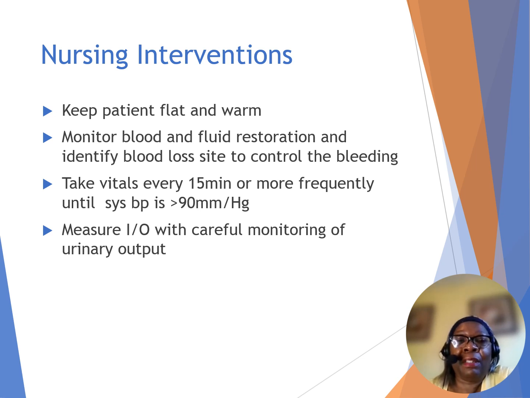Blood loss of 2,000 to 2,600 mLs results in irreversible end organ damage or organ failure. This is where monitoring I's and O's comes in because we want to make sure the kidneys are being perfused. How do we know the kidneys are being perfused? Urine output at or greater than 30 mLs per hour. Very good.